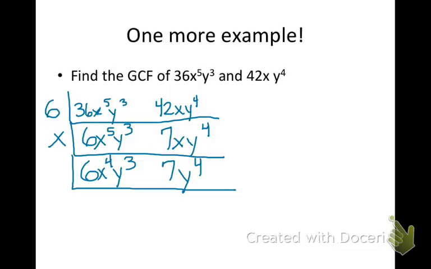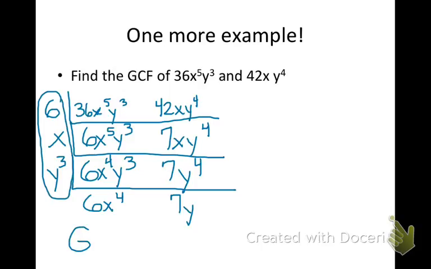The y's are common. I have 3 factors here, 4 factors here, so I can divide by y cubed. So that leaves me with 6x to the 4th here and 7y over here. The bottom rung is relatively prime, so my GCF would be found by multiplying the 6 times the x times the y cubed.